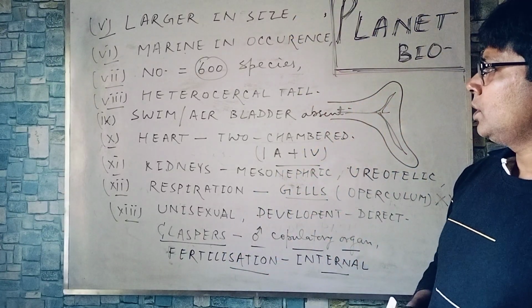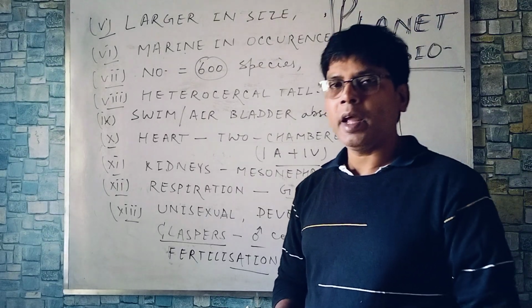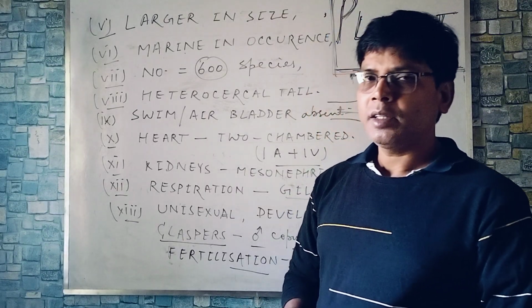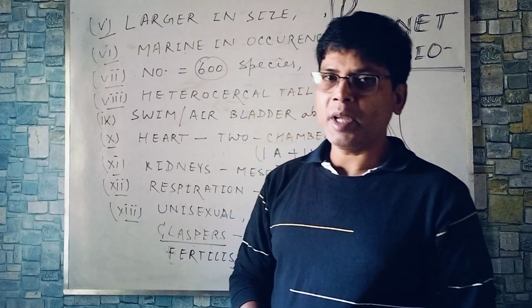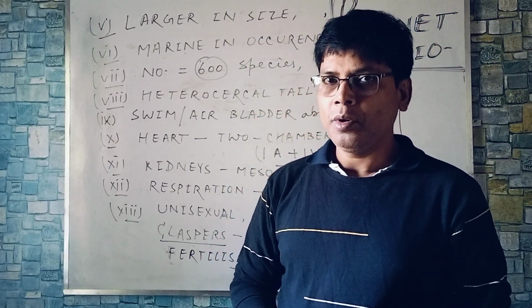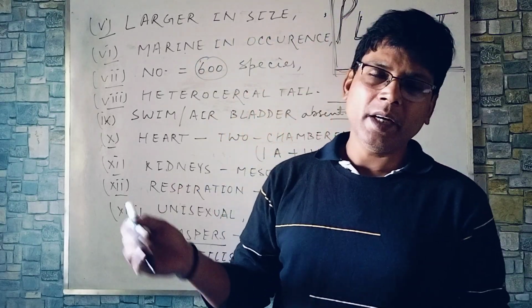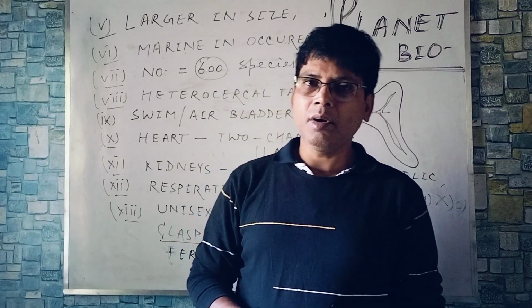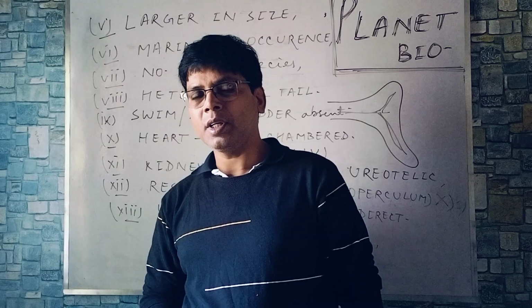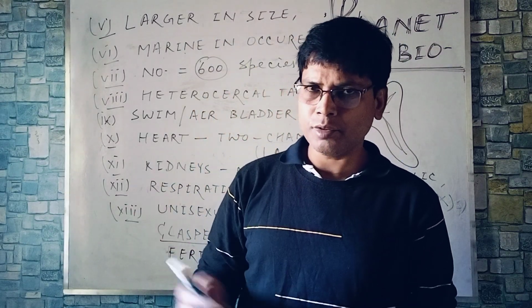So this is all about cartilaginous fishes, that is chondrichthyes and elasmobranchs. But the examples you must know, because questions may be asked matching the column type. On one side you have to mention the biological name, on another side the common names, sometimes features also.